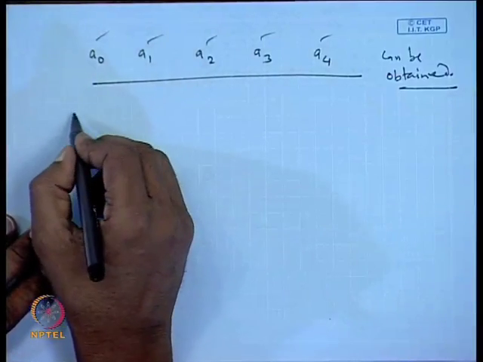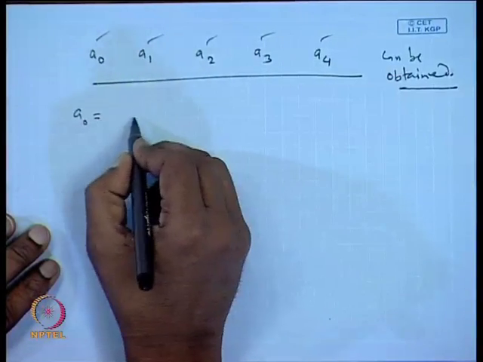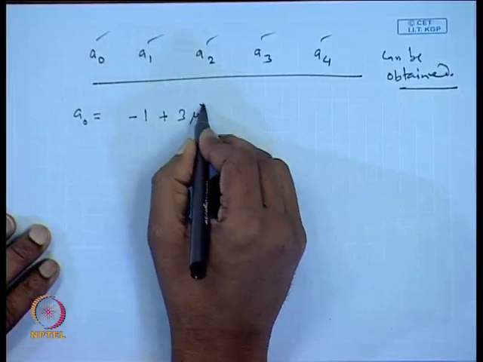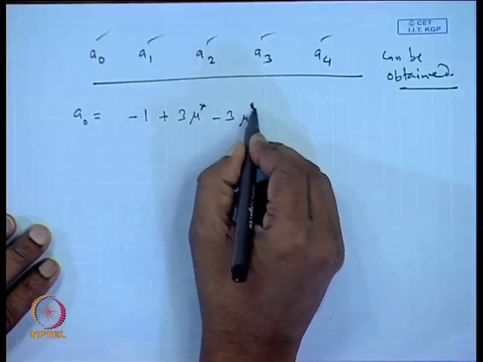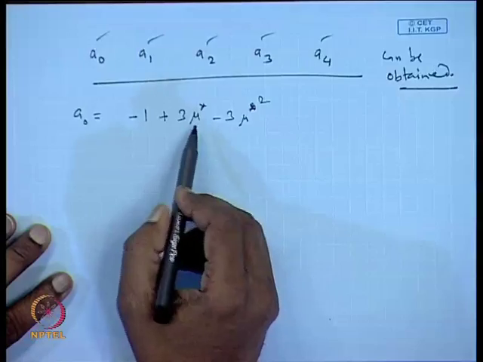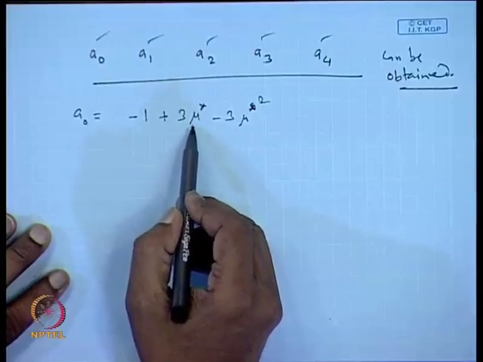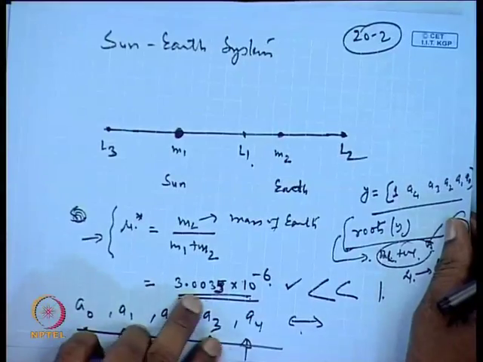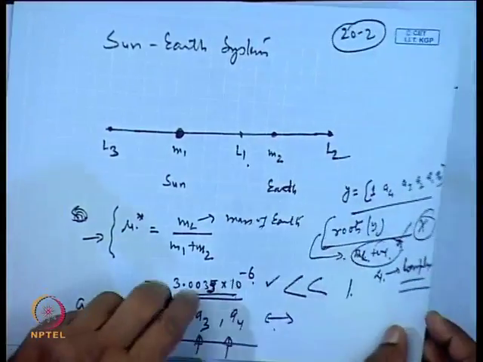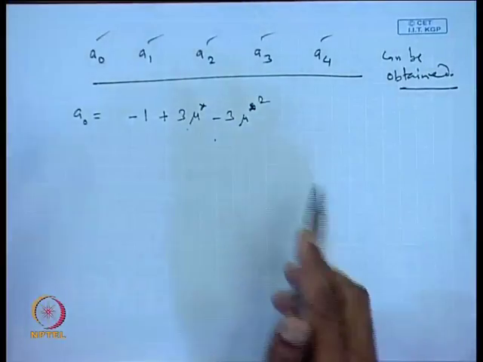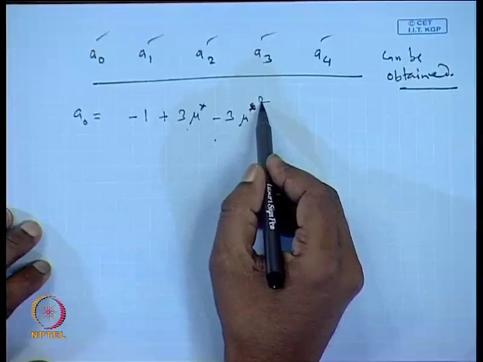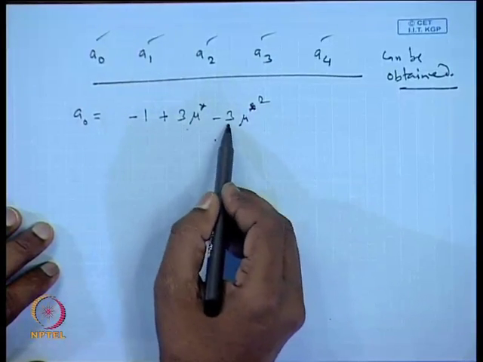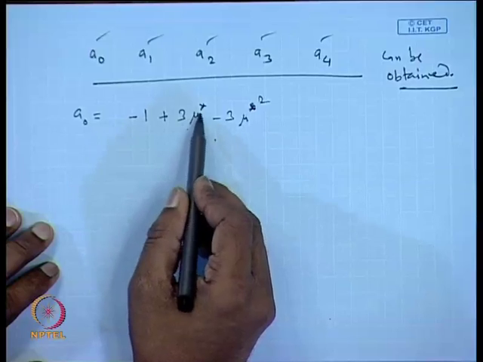Okay, so suppose A0 is written as minus 1 plus 3 mu star minus 3 mu star whole square. With this very small value of mu star, which is around 3 times 10 to the power minus 6, mu star square will be almost 10 to the power minus 11, and the term with 3 mu star is also around 10 to the power minus 6.